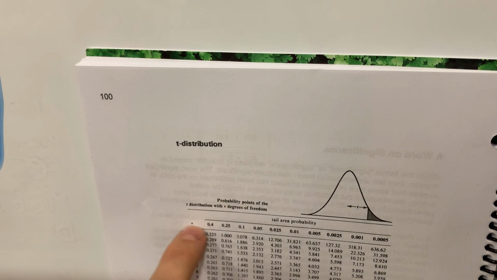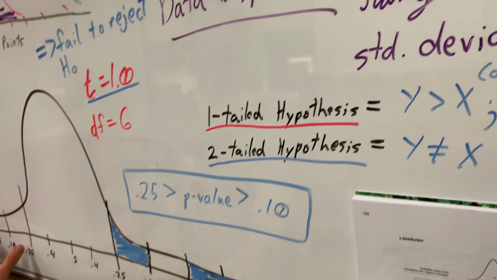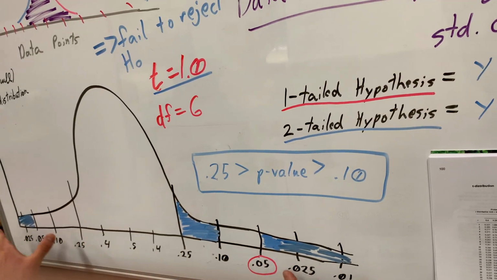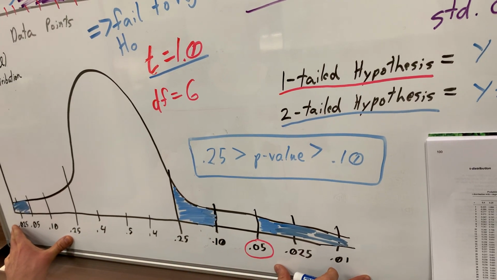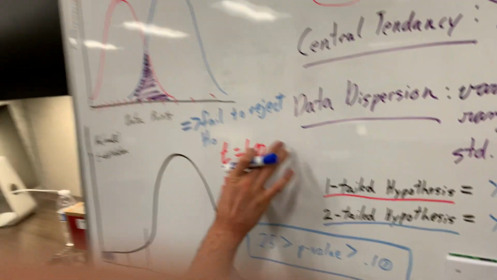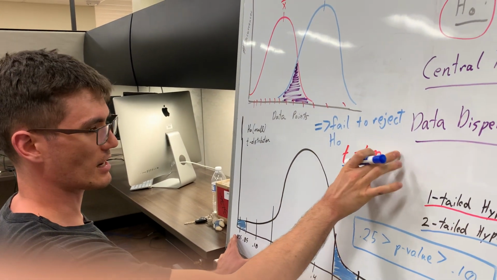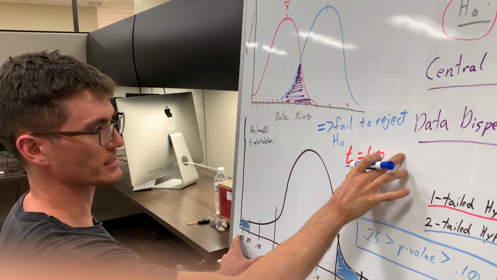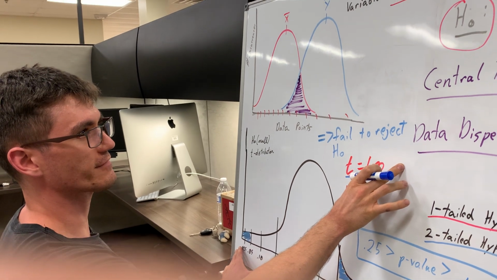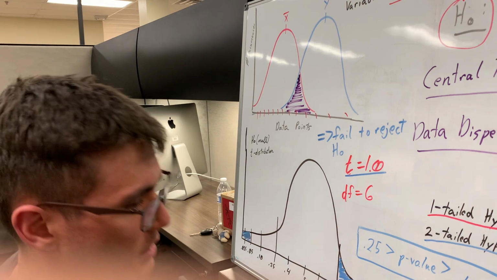You just have to adjust these p-values to basically account for the fact that you're testing both ends of a null distribution chart, okay? But again, because our t-value of 1.0 was not rejected under the one-tailed hypothesis, let's see if a two-tailed hypothesis works.